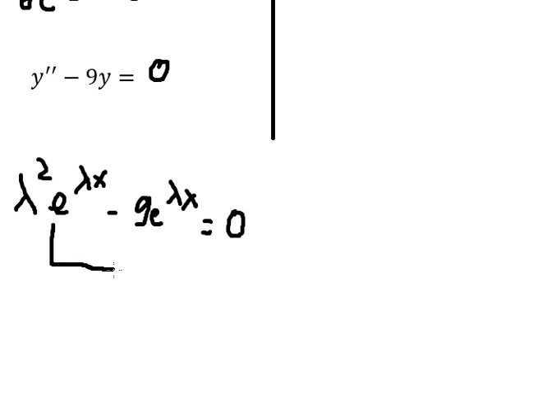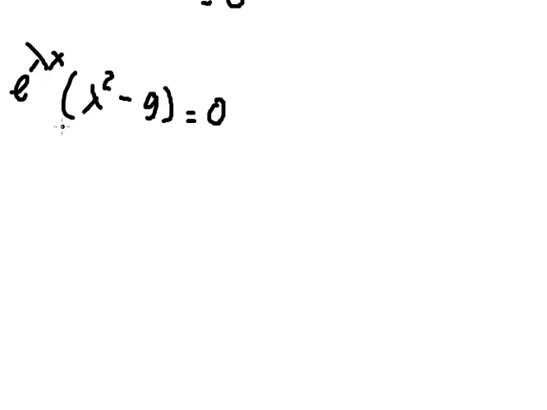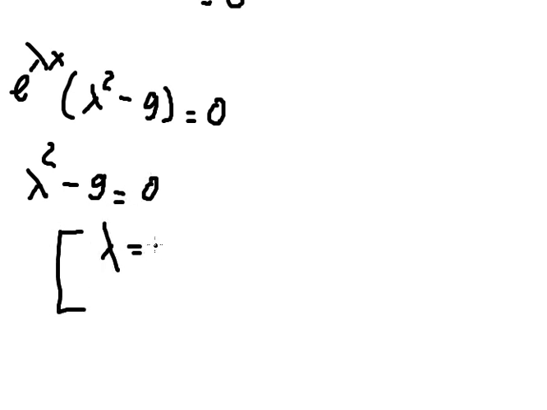So e to the power of lambda s, we need to do factorization. So we need to find the solution of this one. And this one, we have lambda equals number 3 and lambda equals negative number 3.